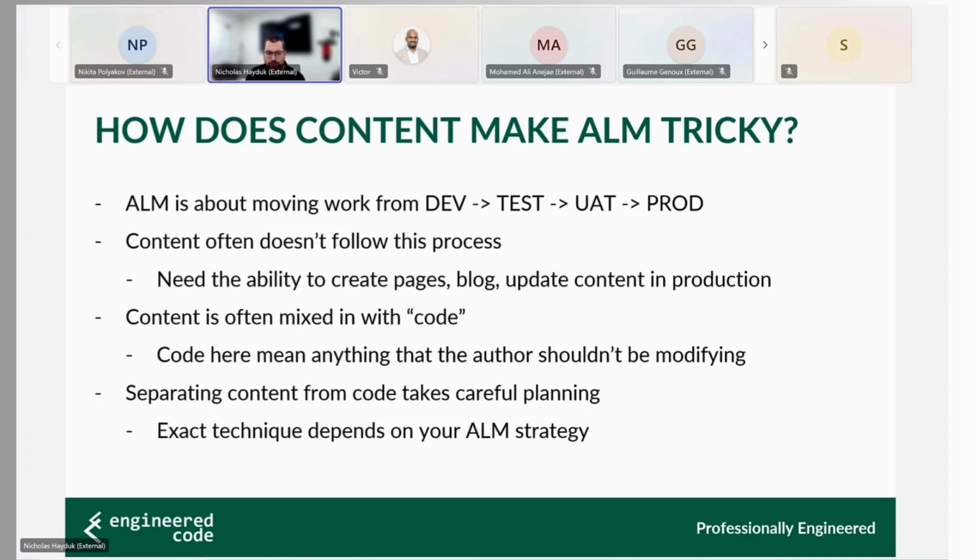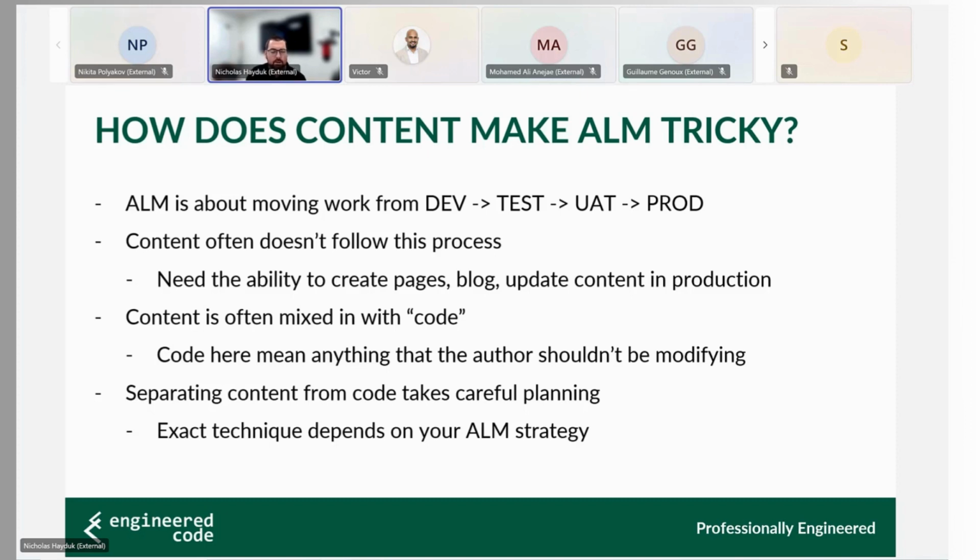So the short answer is it takes careful planning to separate your content from your code. Essentially, you have to always be thinking as a developer, and this is what we'll talk about on Thursday: how do I make any of the code that I'm writing that contains content so that someone else can manage it?